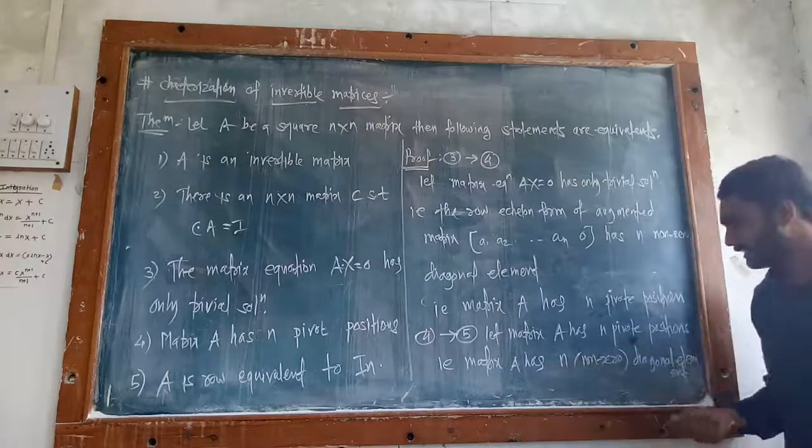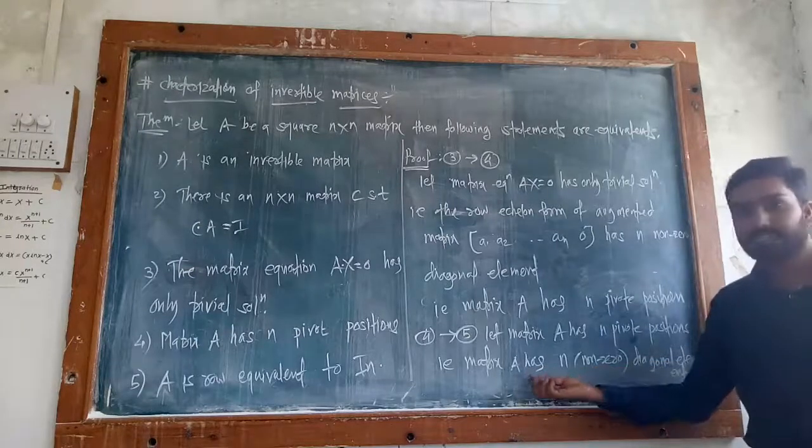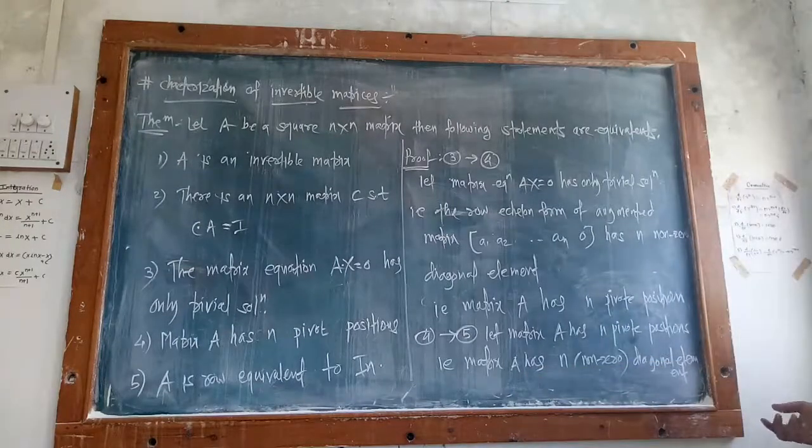Now, matrix A has n non-zero diagonal elements, which means we can reduce matrix A to the identity matrix, right?